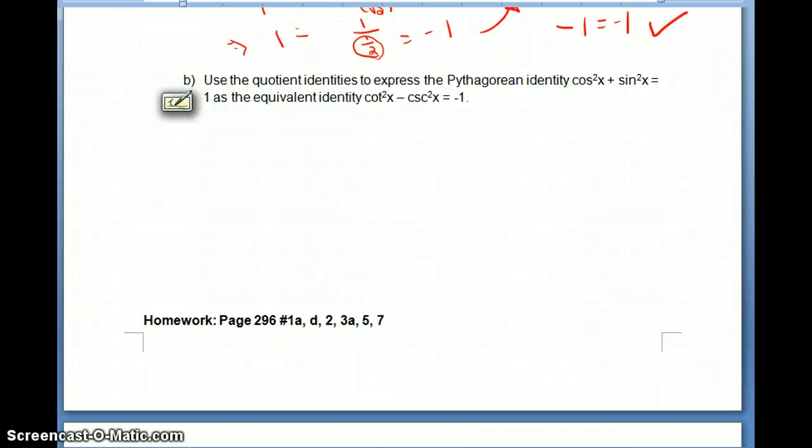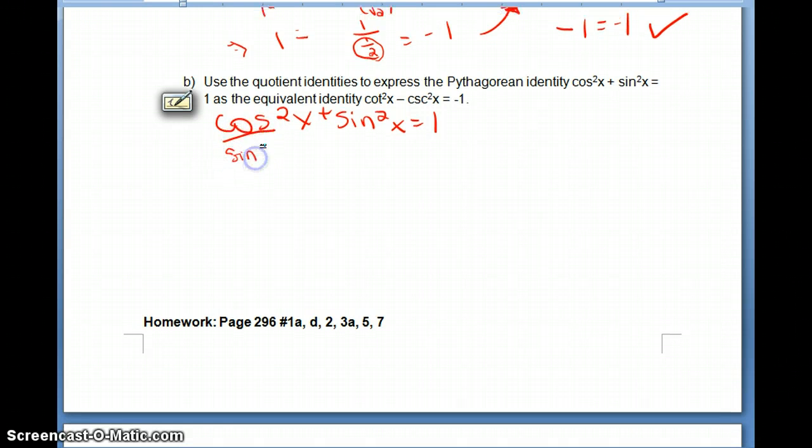Here we're going to start off with cosine squared of x plus sine squared of x is equal to 1. As I was saying, divide everything here by sine squared of x. Then we just simplify from here.